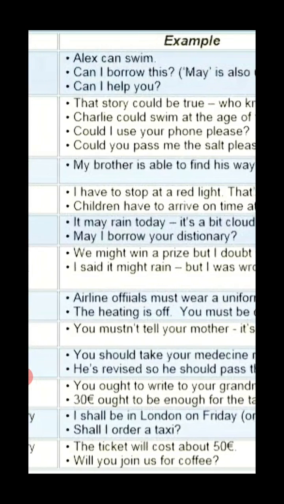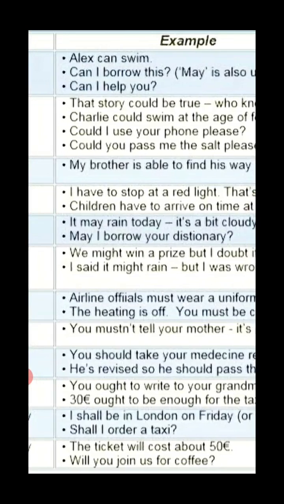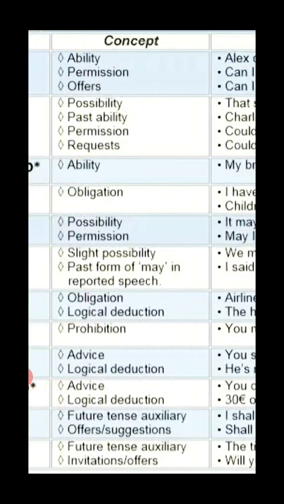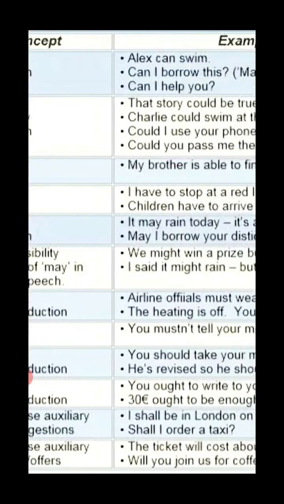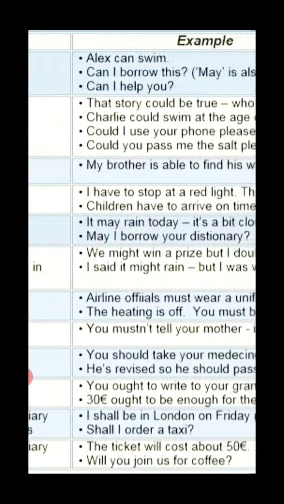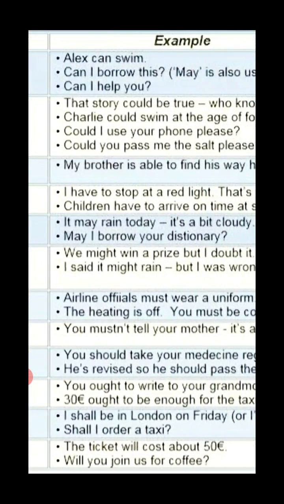So, will is used here as the future tense auxiliary or as a helping verb that will represent something in the future time.